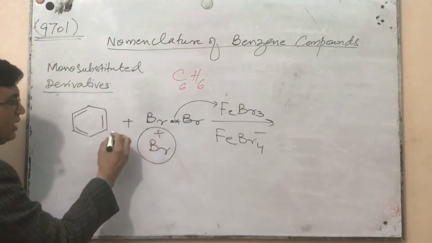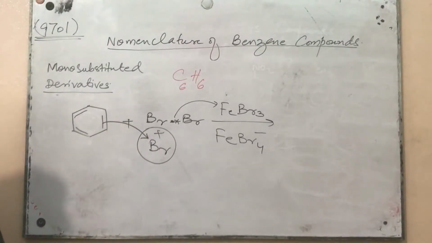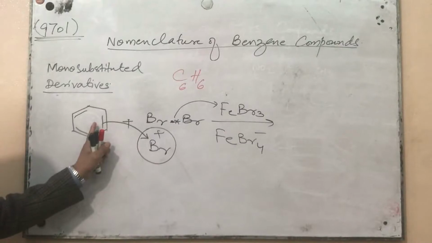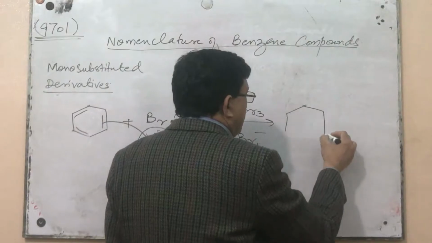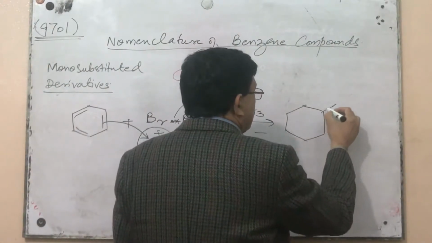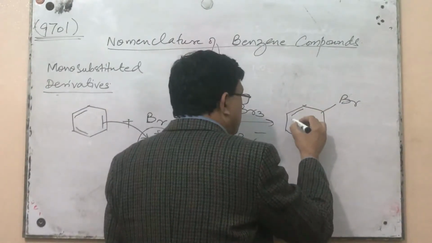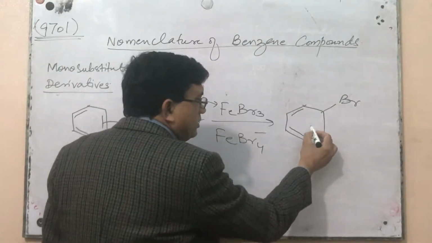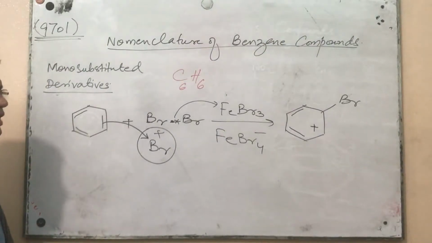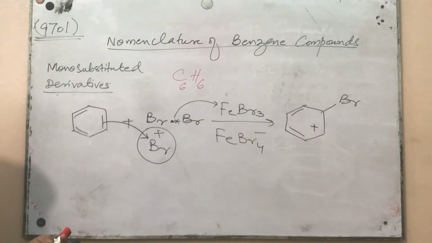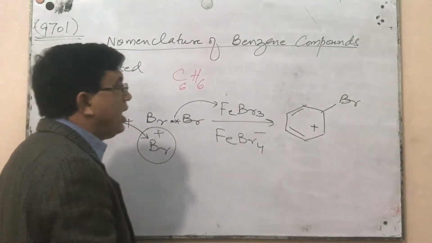Now this strong electrophile can attract a pair of electrons for the bond formation. For the time being, this will form an intermediate just like this, and its electron system will break and a positive charge will come here, and this will produce the benzenonium ion. Now we know that each carbon of benzene contains one hydrogen.